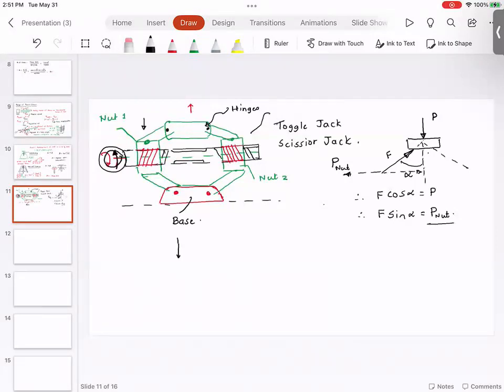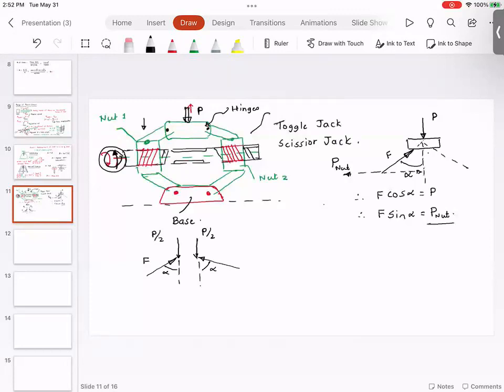So I will write this equation down. So first, I'm going to split this into P by 2, because the total load is P. This load gets shared by nut on the left and nut on the right. So I'm going to have this F. And please understand, for the toggle jack or the scissor jack to work properly, these angles should be the same.